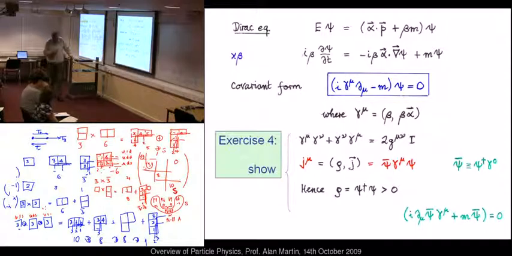Let us, as it's relativistic, write it in a very posh way now. We know that we can write this in a covariant form. Covariant form means it's the same form in all different Lorentz frames. So here's the energy operator. I'm multiplying through by beta, so there's an extra beta here.